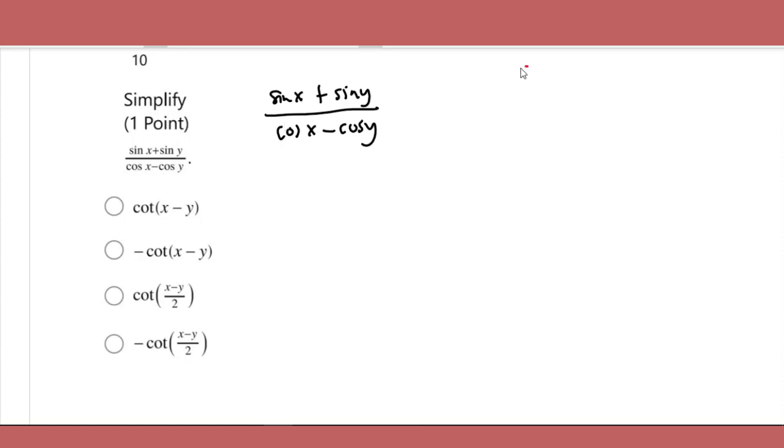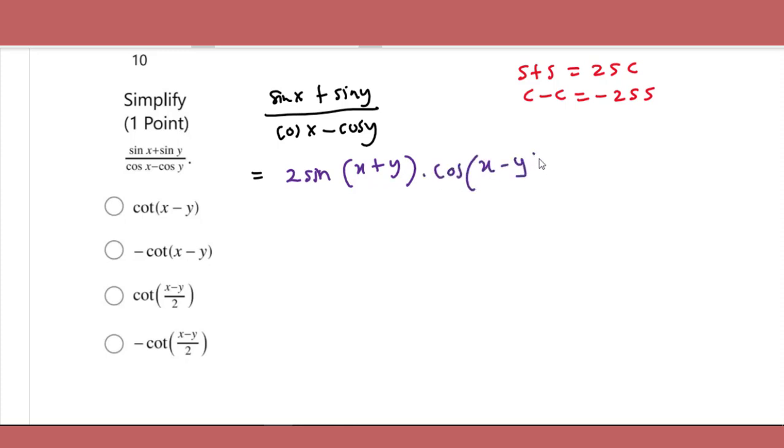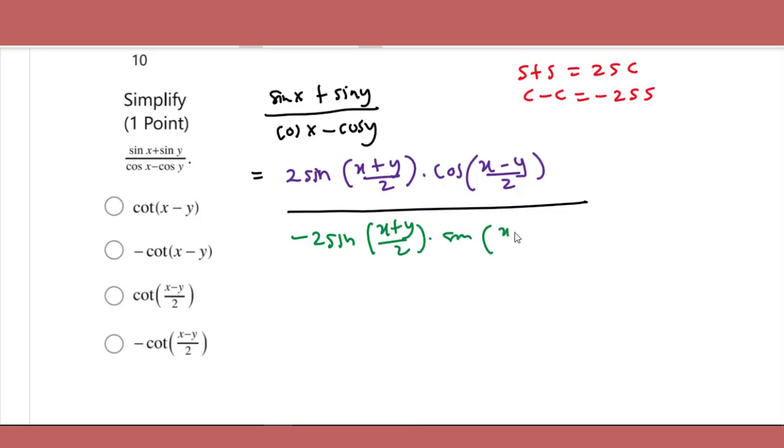Sin plus sin is equal to 2 sin cos. Cos minus cos is equal to negative 2 sin sin. So the numerator is 2 sin of x plus y over 2, cos of x minus y over 2, and the denominator is negative 2 sin of x plus y over 2, sin of x minus y over 2, because inside the angle it is over 2.